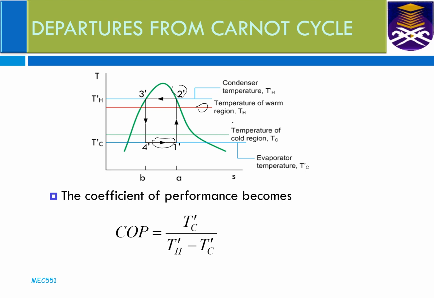Thus the coefficient of performance will be adjusted and become like this. The coefficient of performance for the Carnot cycle will be in terms of the temperature referring to the condenser, the cold region, and the hot region.